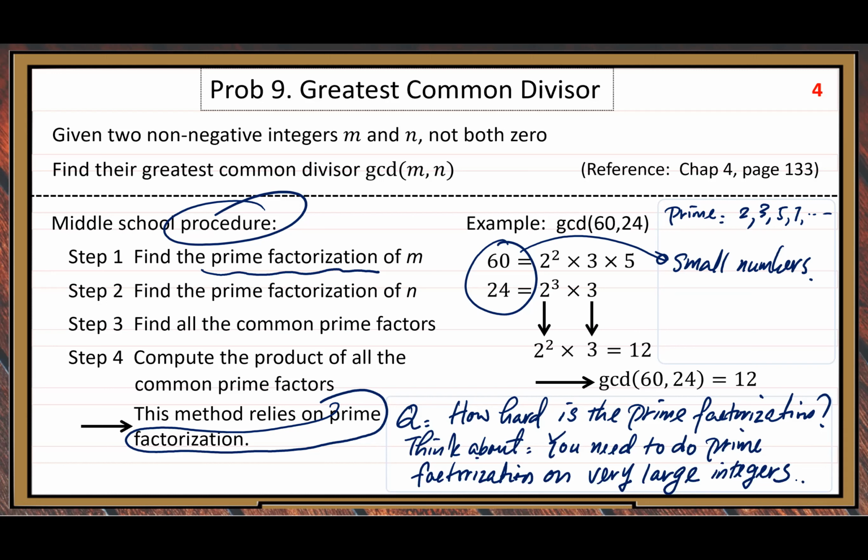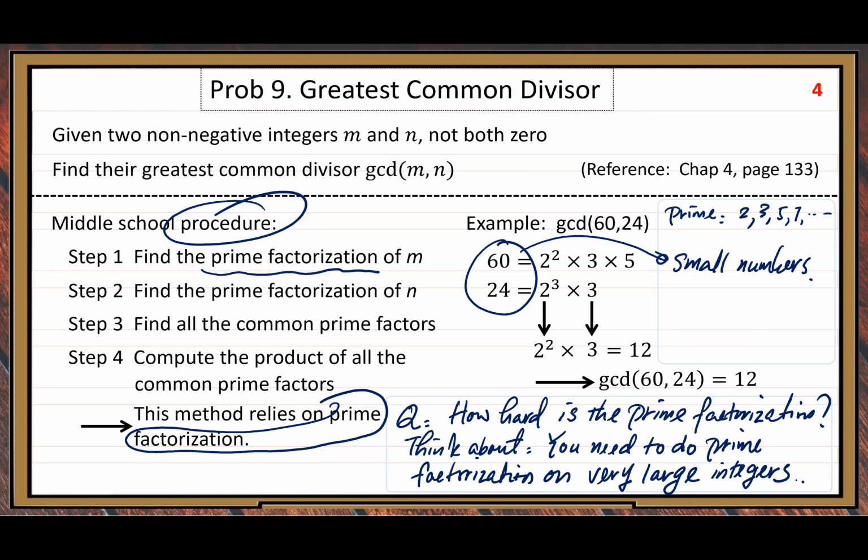In the middle school, you never need to think about it, right? Because you do not need to do that. But here, we need to consider this question in the real world now, because in the real world, this is a serious problem.